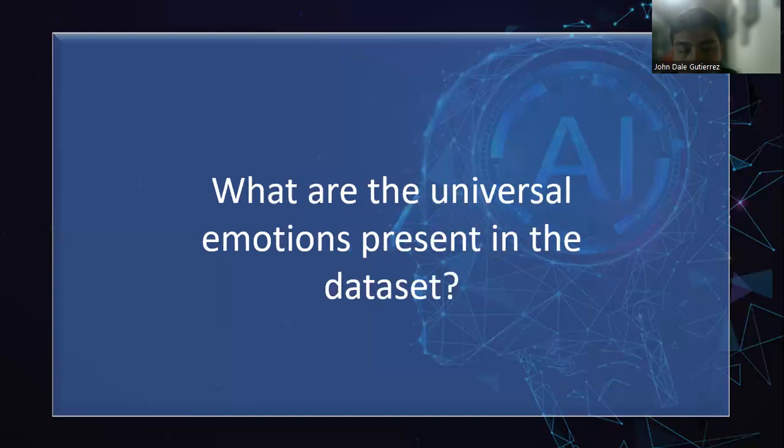Next question that I will answer is, what are the universal emotions present in the data set? If you look into the data set, it contains 48 by 48 pixel grayscale images of faces divided into train and test data sets.